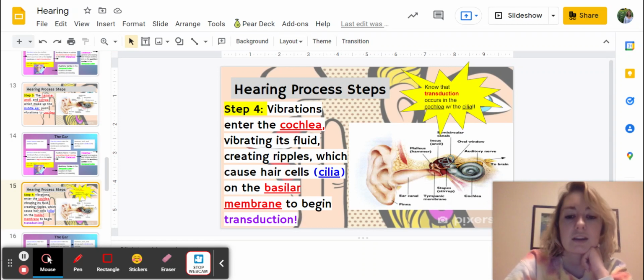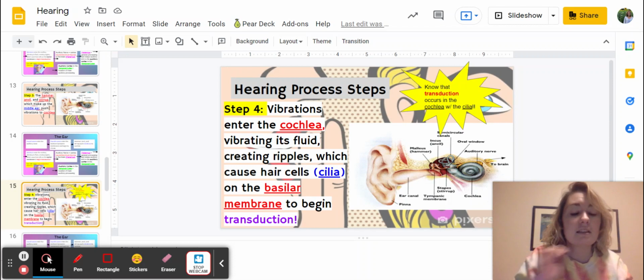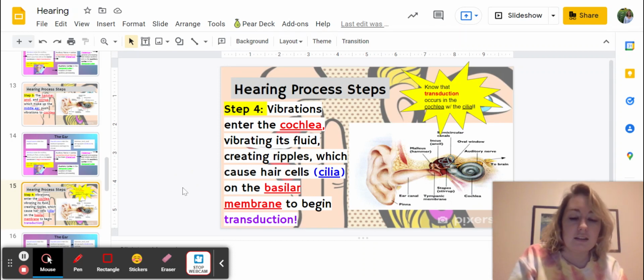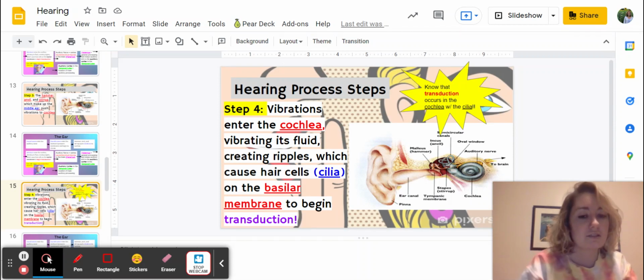This creates ripples, and the little ripples in the fluid cause the tiny hair cells in your cochlea to vibrate. These hair cells, called the cilia, are located on something called the basilar membrane. Once the cilia on the basilar membrane start moving and shifting, that is where transduction occurs.